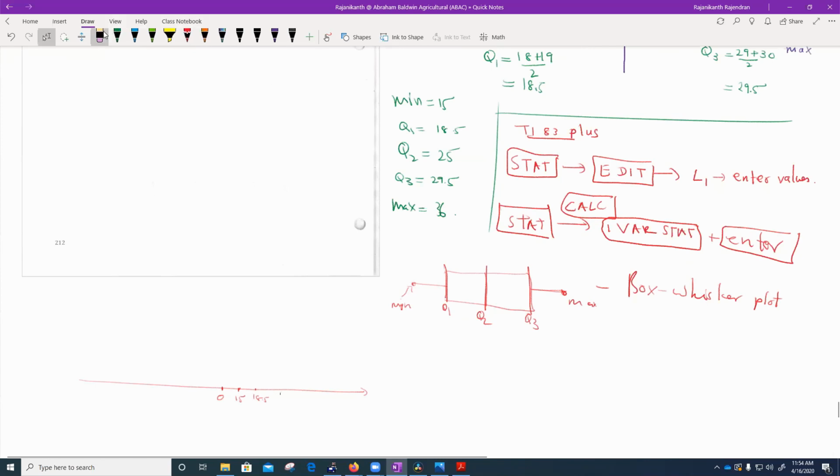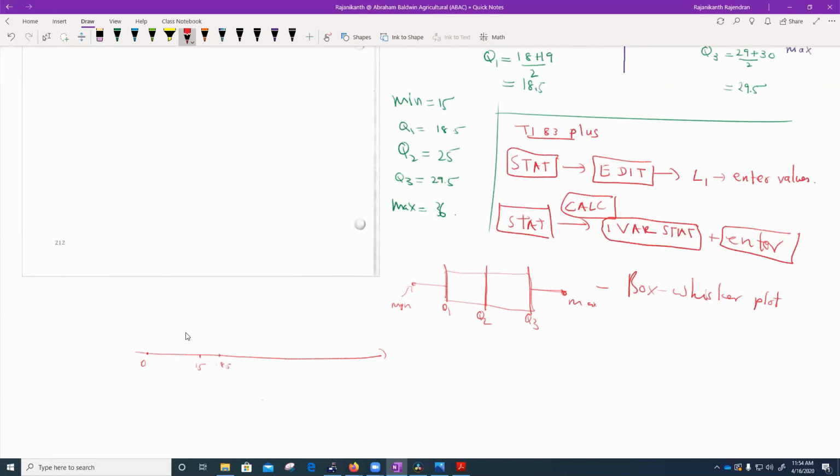So let me erase this, and so I'm taking now 15 somewhere here. So this is 15 on the scale. Then I need 18.5 will be very close.